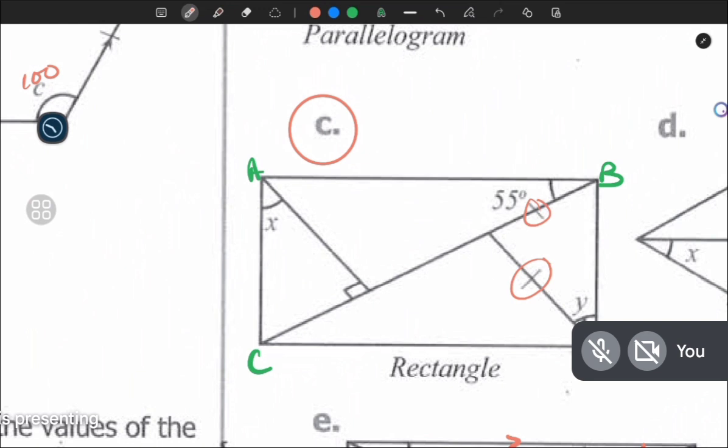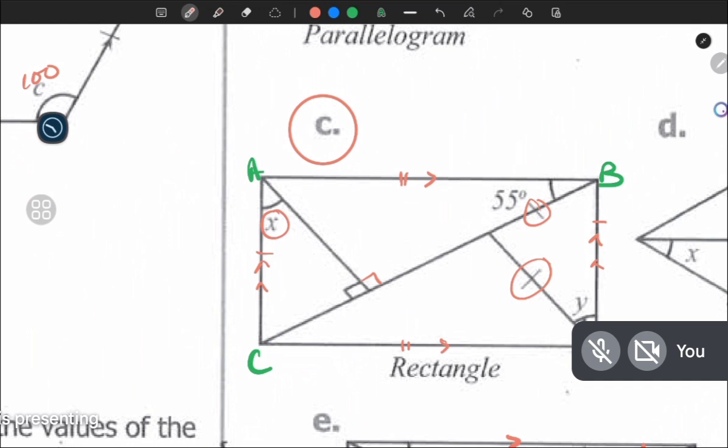However, these two are equal. Then we have to find x, and it says that this is 90. So this is also 90, right? And these two lines are parallel and these two lines are parallel, so these two are equal and these two are equal.